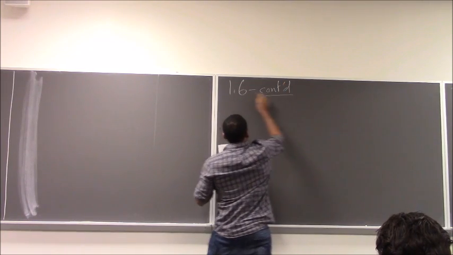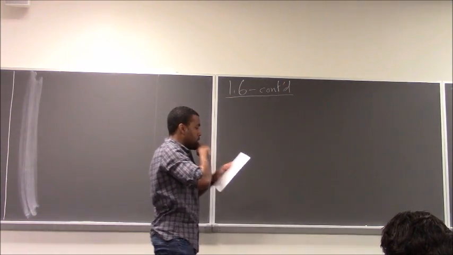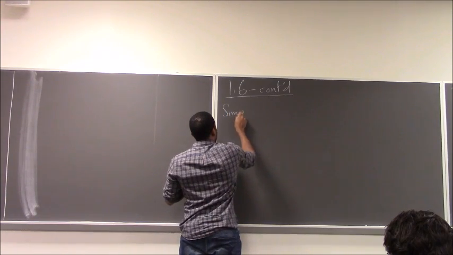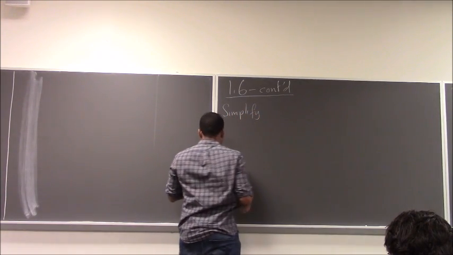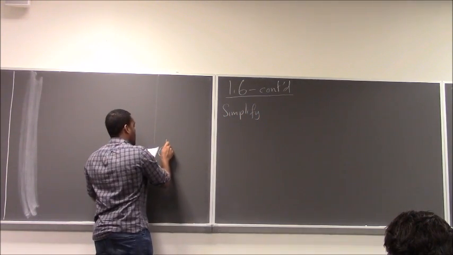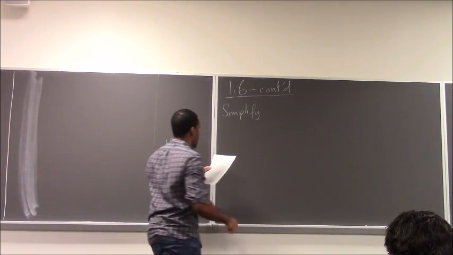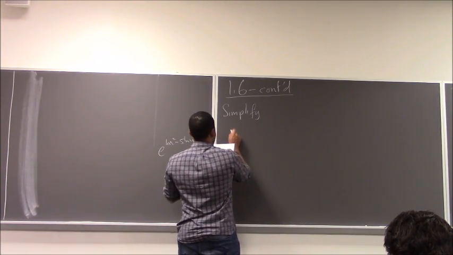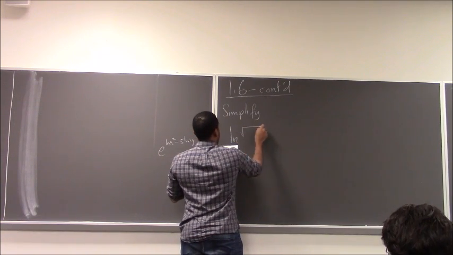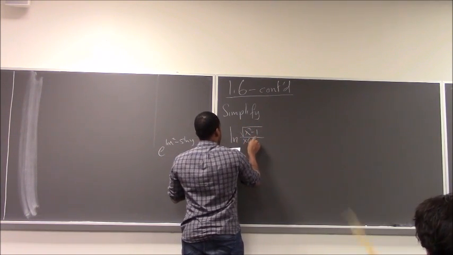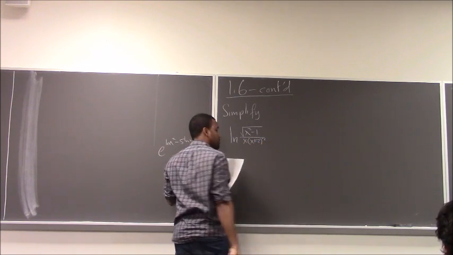So this is 1.6 continued. Let's have a couple examples to finish off here. I believe we need to do this one, because we did that e to the ln x squared minus 5 ln y. I don't think we did this one: ln of the radical of x squared minus 1 over x times x plus 2 squared.